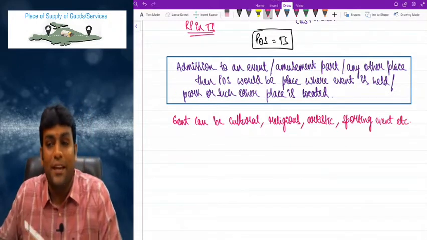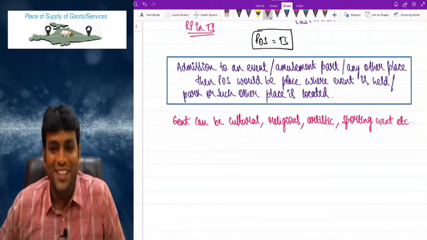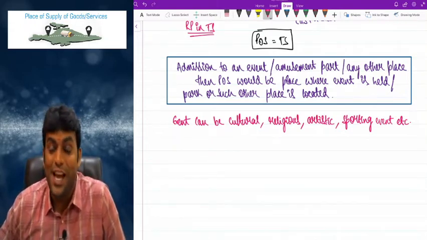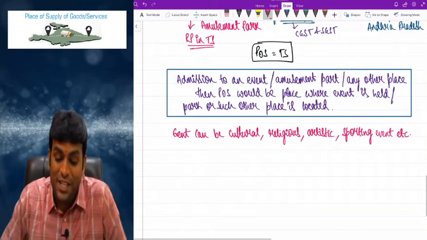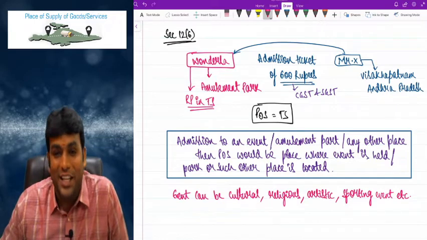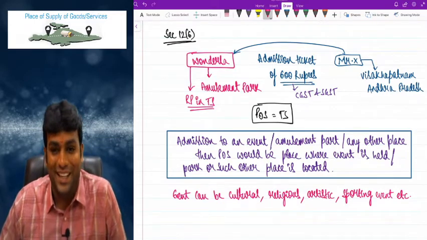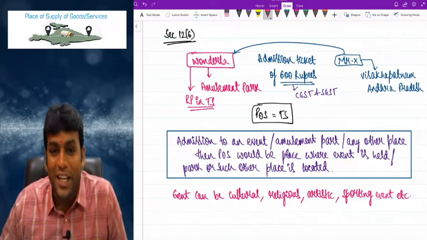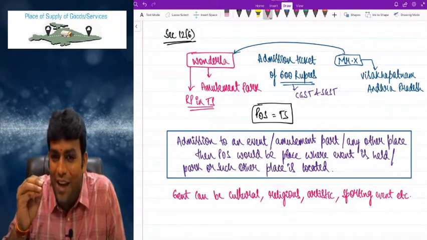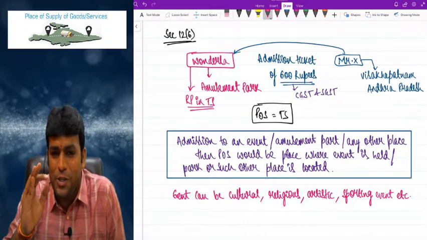A sporting event is something like when we go to see a cricket match. Clear, right? And just to give you clarity, whenever we go to a cricket match, we have to buy the ticket to go to the stadium and sit, right? Now on that cricket match ticket, what we buy for admission to a sporting event, what is the story we have in GST law? One special point I'll tell you.